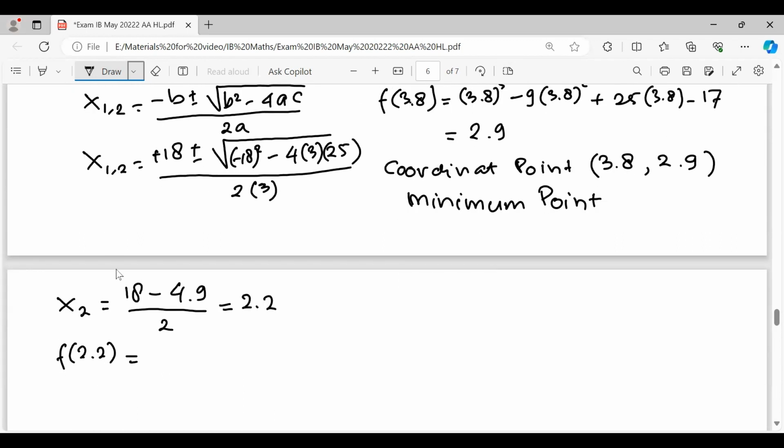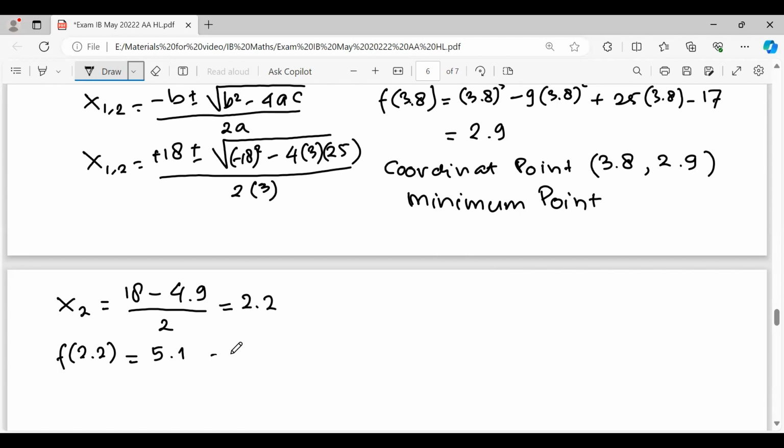So f(2.2), 2.2 cubed minus 9 times 2.2 squared plus 25 times 2.2 minus 17. Oh yeah, this one, 5.1.